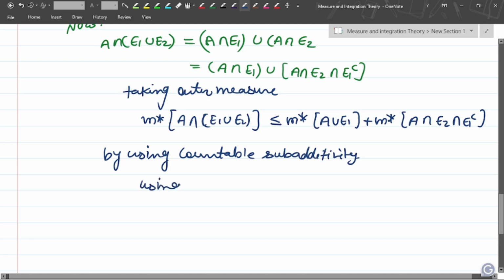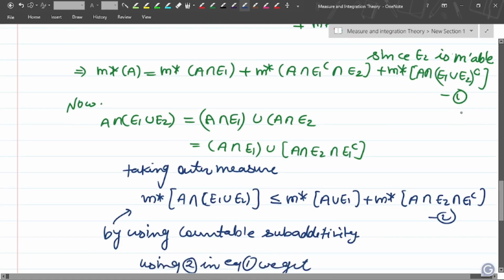Then using 2 in equation number 1, we get, I say this is 2 and this is equation number 1. This we will use in this case.